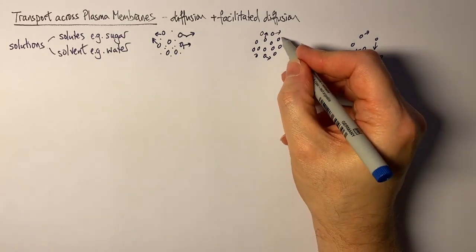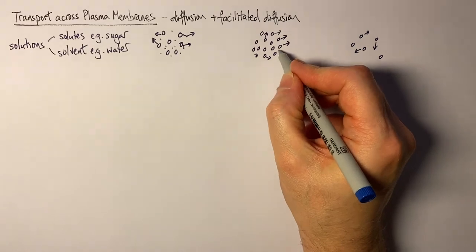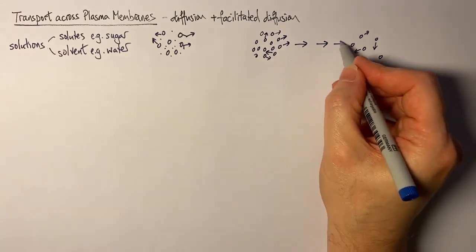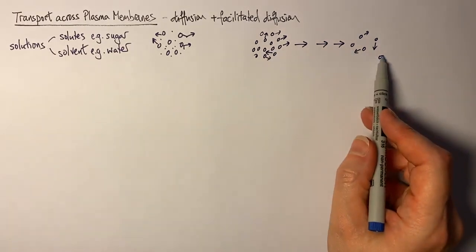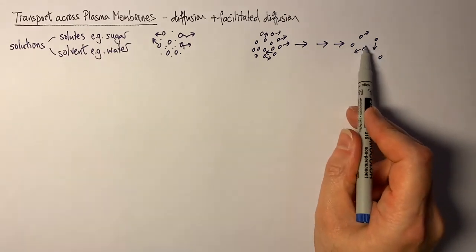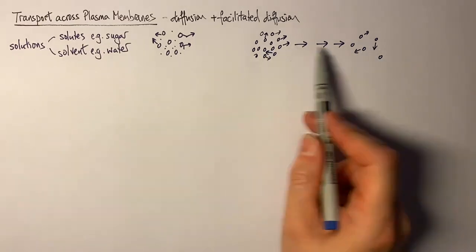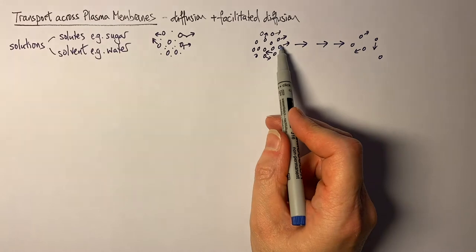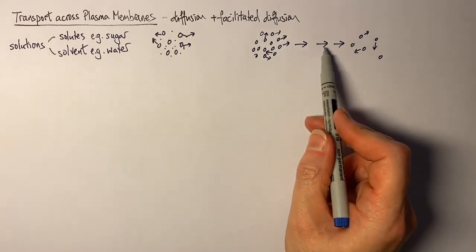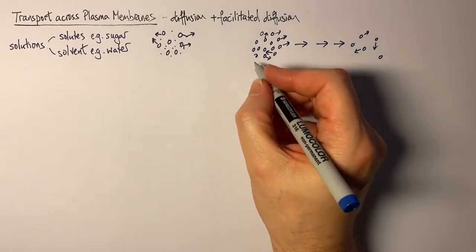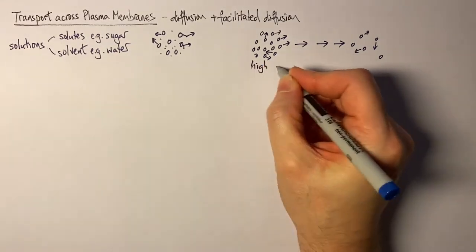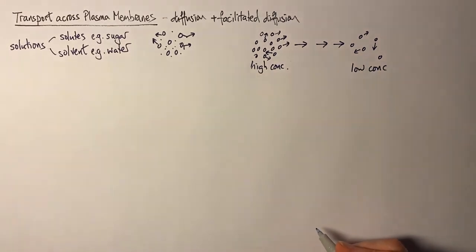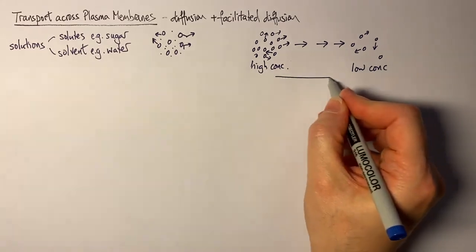But because there's more of these here, over time the chances of those molecules moving from there to there is greater than the chances of the molecules here moving from there to there. Some of these molecules will move that way, but because there's more here, they will move out and start to move to an area where there's less of them. So we have here a high concentration, and here we've got a low concentration. And we call this diffusion.